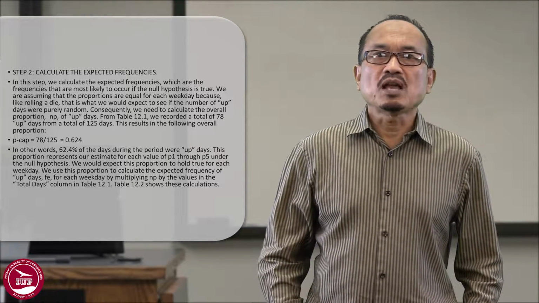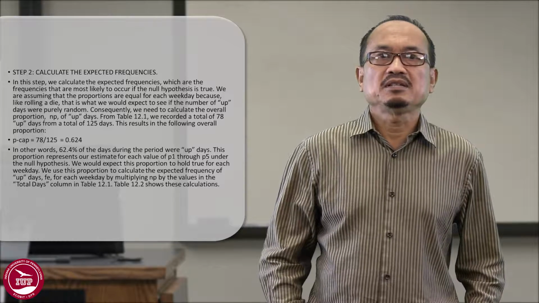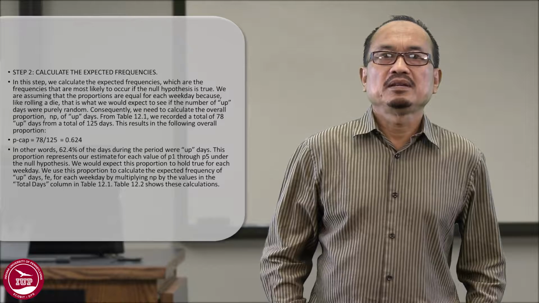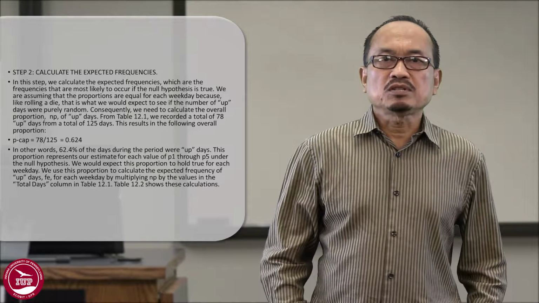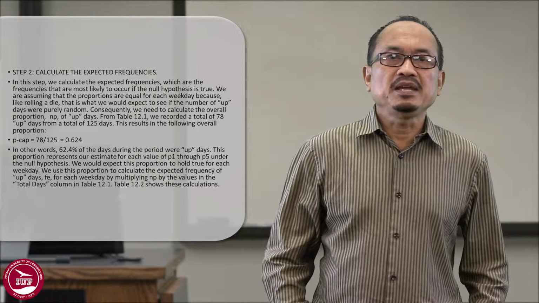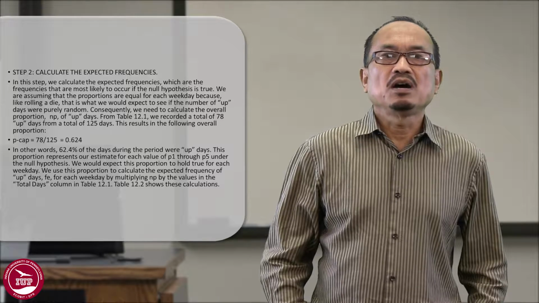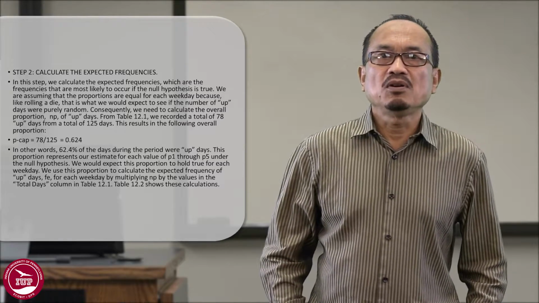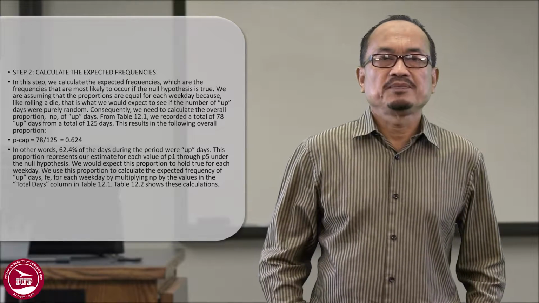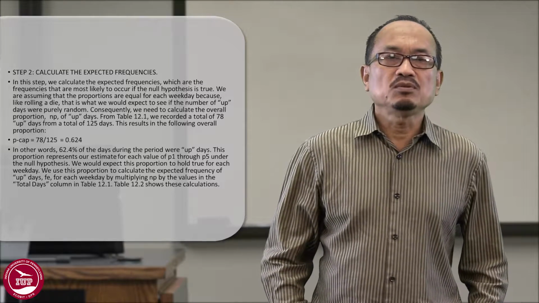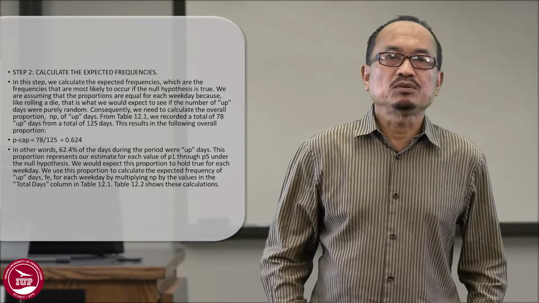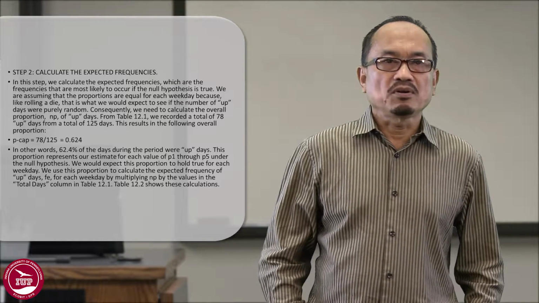Consequently, we need to calculate the overall proportion of up days. From table 12.1, we recorded a total of 78 up days from a total of 125 days. This results in the following overall proportion: P-hat equals 78 divided by 125, equals 0.624.